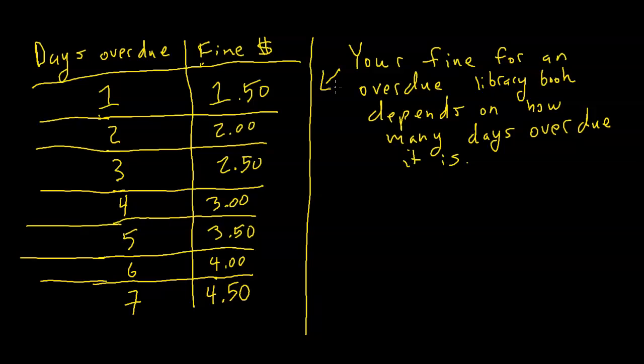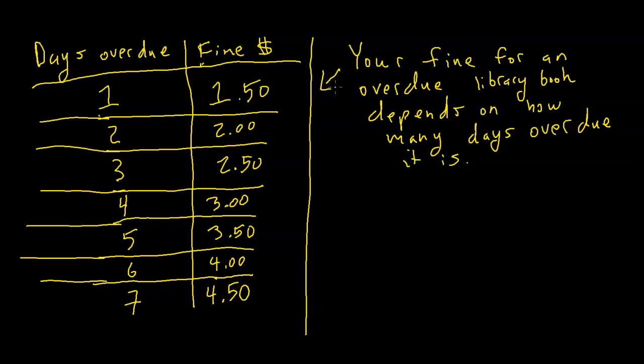And if we want to talk about independent and dependent variables, your independent variable in this case is the number of days overdue, and your dependent variable is the amount of money you have to pay in a fine. All right, so let's look at this table and understand how we can use this information to figure out the relationship between these inputs and outputs.